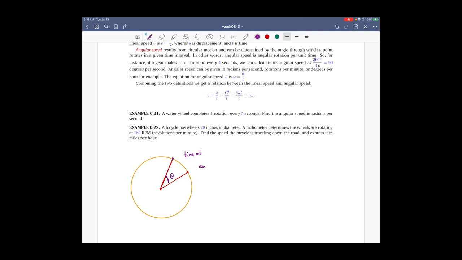Angular speed, commonly denoted by the Greek letter omega, is the angle between these two radii divided by the time it took the point to move from this location to this location. Note immediately that because the angle is measured in radians, and radians is considered as a unitless measure, angular speed is measured in seconds to the power -1.